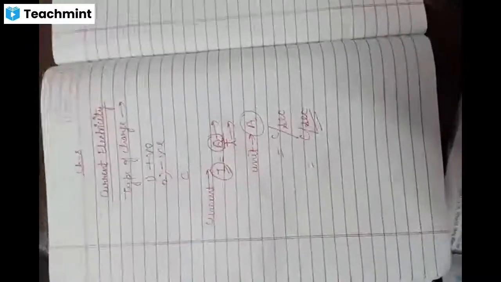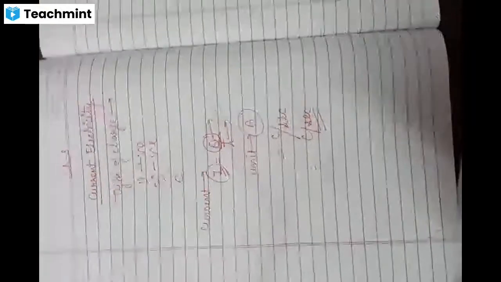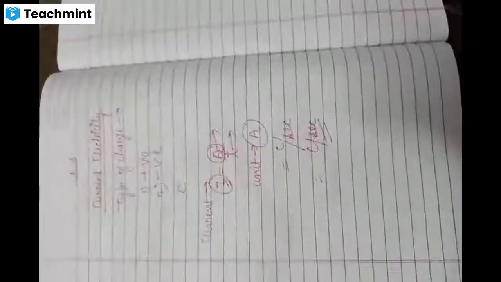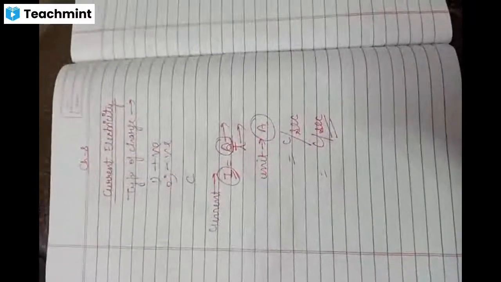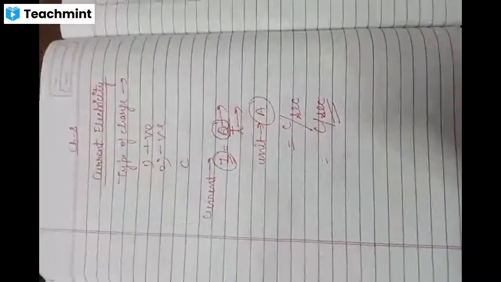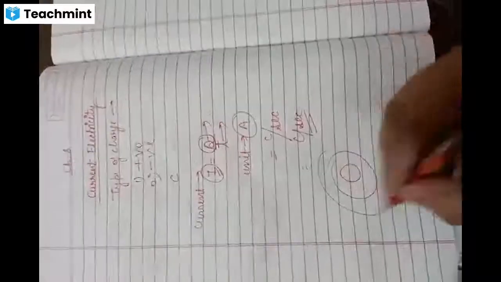Next we have flow of current. In metal, the moving charges are the free electrons. We know that the electricity or the current flows because of the free electrons. Electrons which are present in the outermost shell of the metal can leave their orbit because they have less force of attraction with the nucleus. This is the nucleus and these are the orbits.